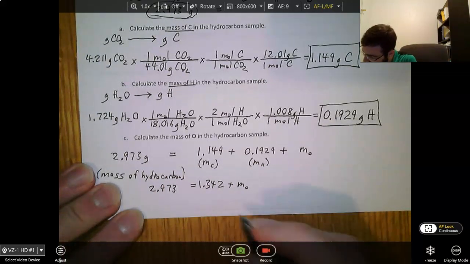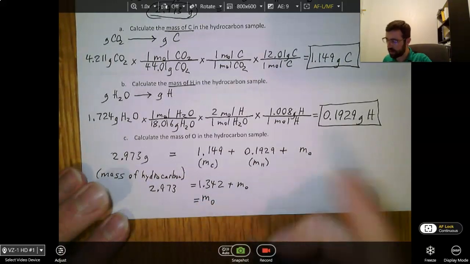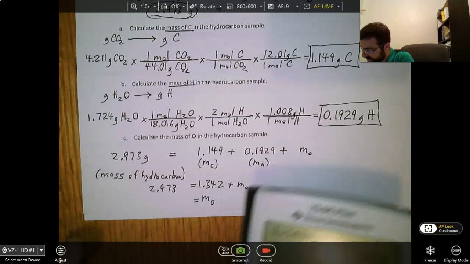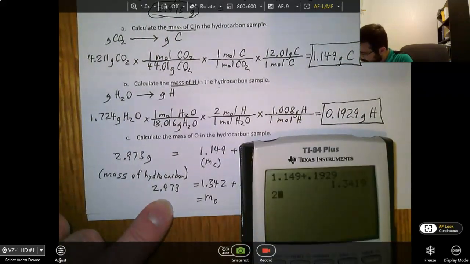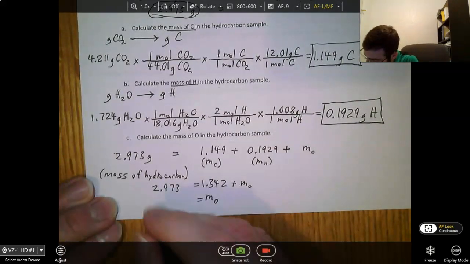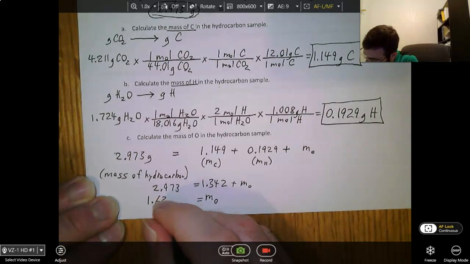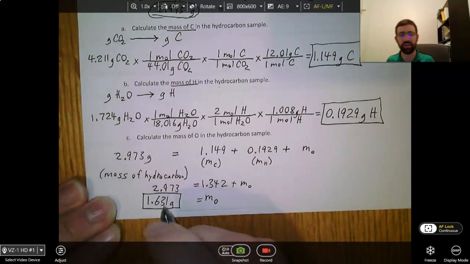And then, of course, to solve for the mass of oxygen, we're just going to subtract 2.973 minus 1.342. You get 1.631 grams of oxygen, and that is the third part of that question.